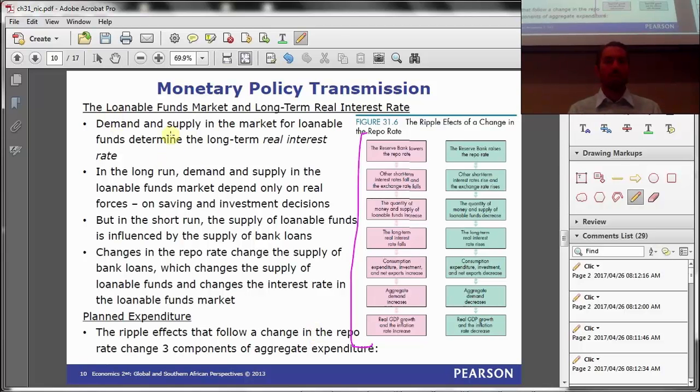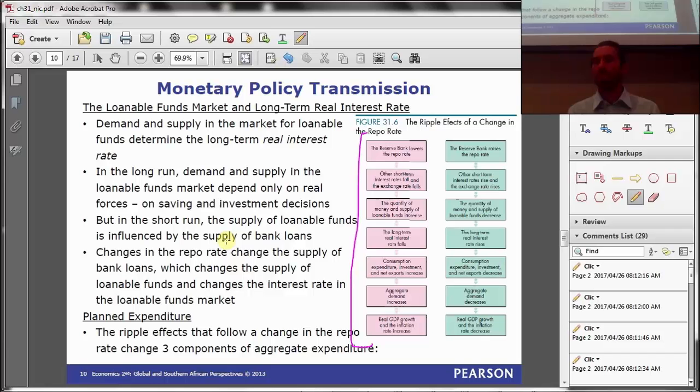So what happens in the loanable funds market? Demand and supply in the loanable funds market are obviously linked to the interest rate. In the long run, demand and supply in the loanable funds market depends on real forces, on savings and investment decisions. But in the short run, the supply of loanable funds is influenced by the supply of bank loans. So changes in the repo rate change the supply of bank loans, which changes the supply of loanable funds, which changes the interest rate in the loanable funds market.